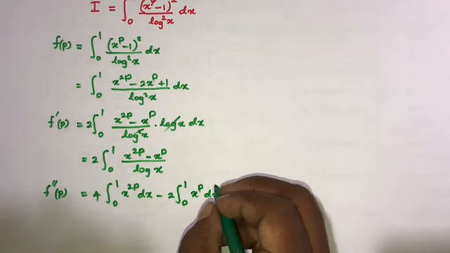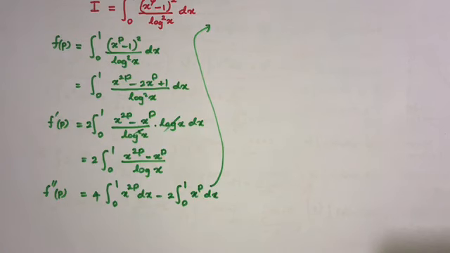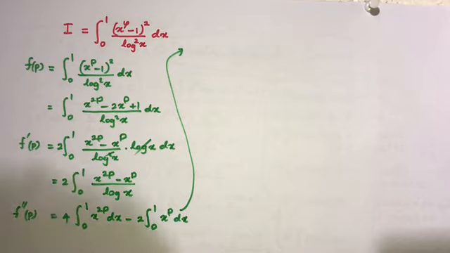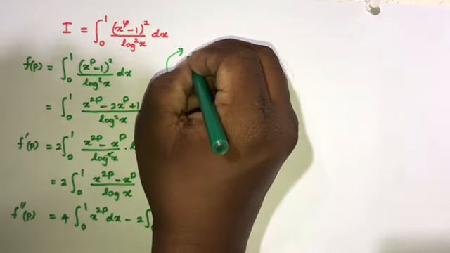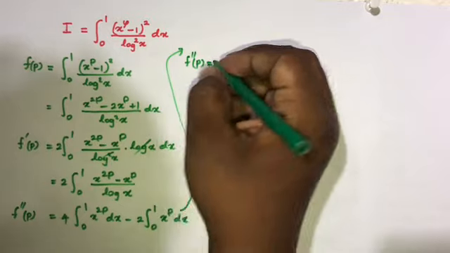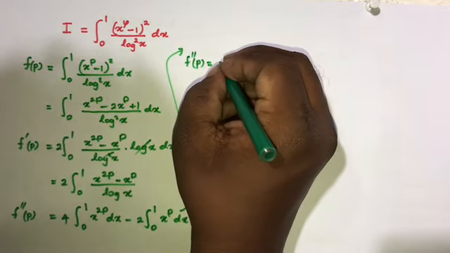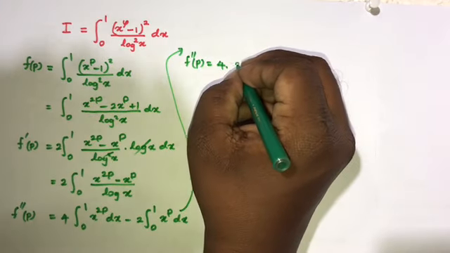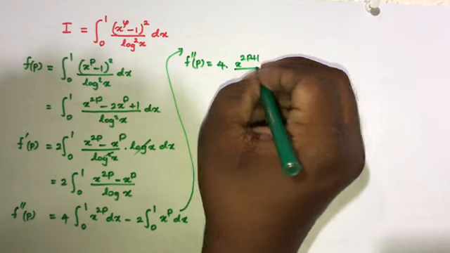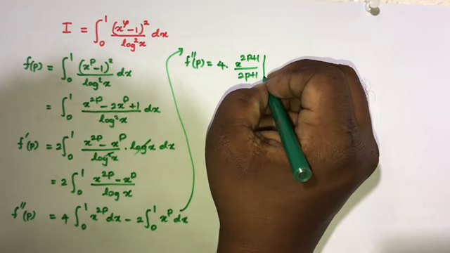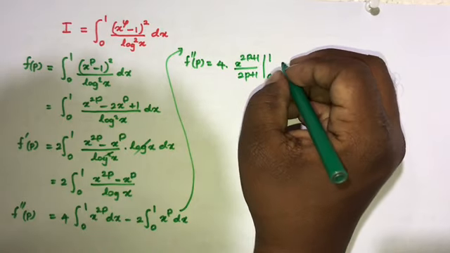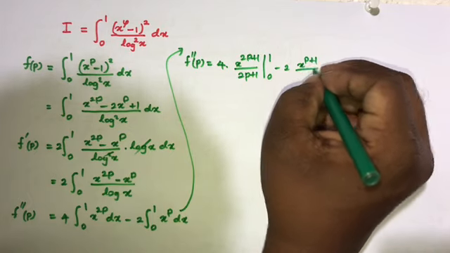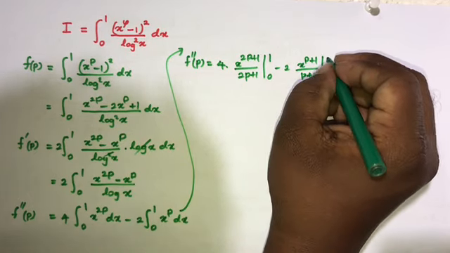Okay, now we can integrate. f''(p) is equal to 4 times, the integration of x^(2p) is x^(2p+1) over 2p+1 from 0 to 1, minus 2 times x^(p+1) over p+1 from 0 to 1.